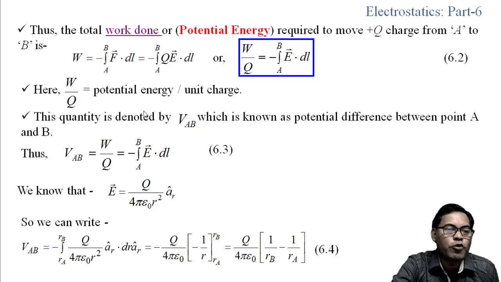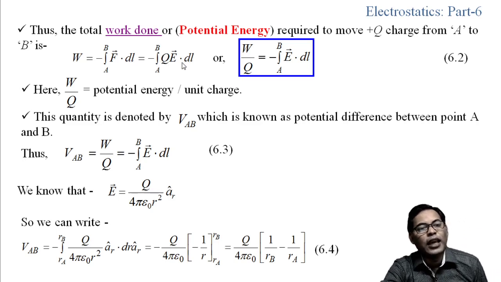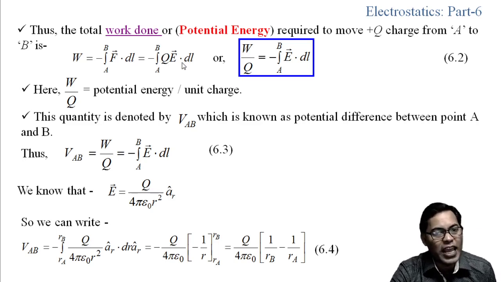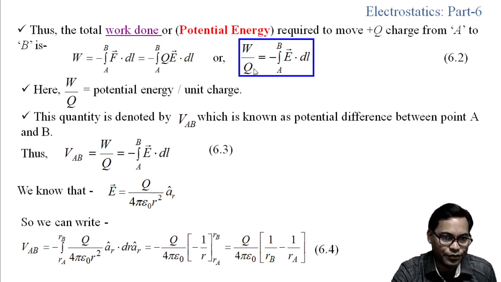Now if we want to find the total work done, we take the integration to move the plus q charge from A to B. So W equals minus integration from A to B of F dot dl. Here F we know is QE, so minus integration A to B of Q into E dot dl. So finally we get one expression, W by Q. What is the meaning of that?